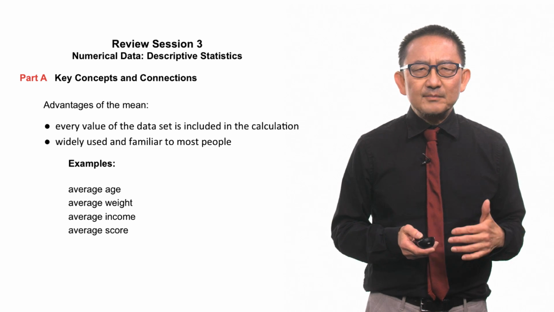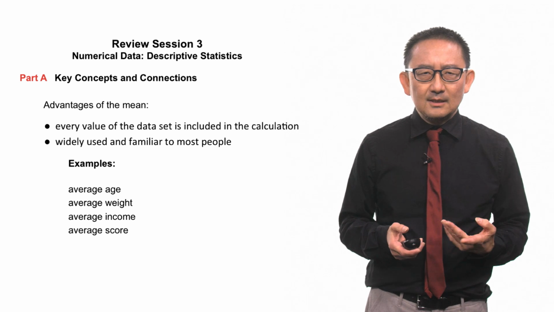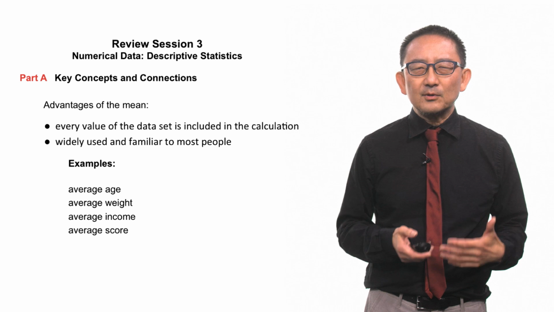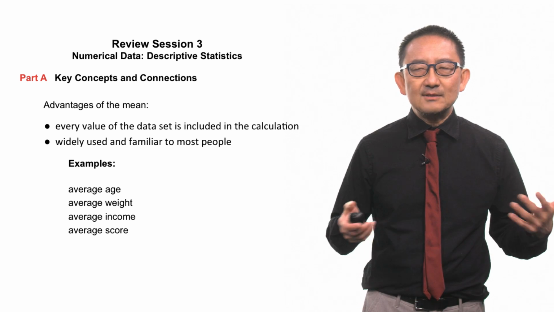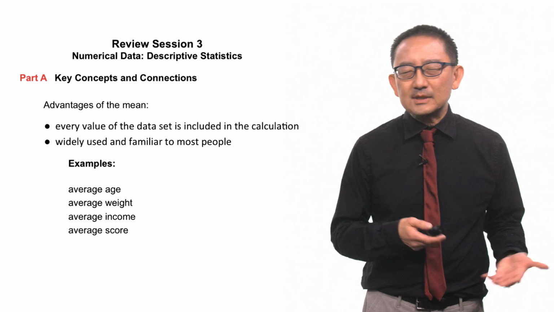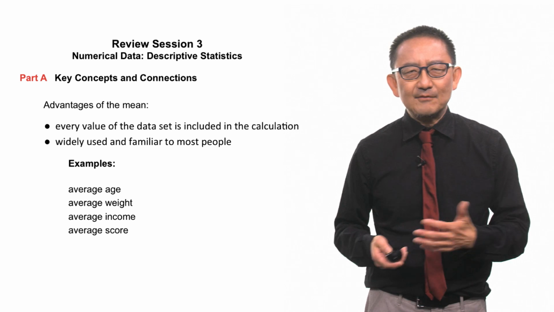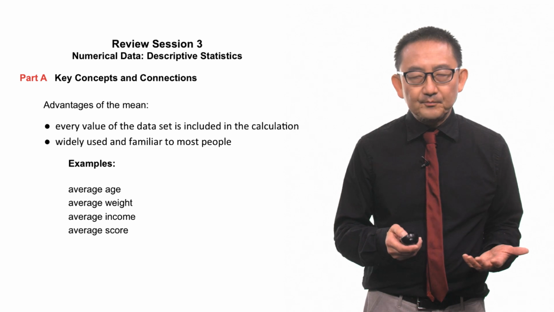The advantages of the mean are that every single value in the data set is included, and it's very widely used, and most people are quite familiar with the term. You would ordinarily say average, but the mean and the average are exactly the same thing. People always bandy about the terms average age, average weight, average income, average score, and it's quite familiar.